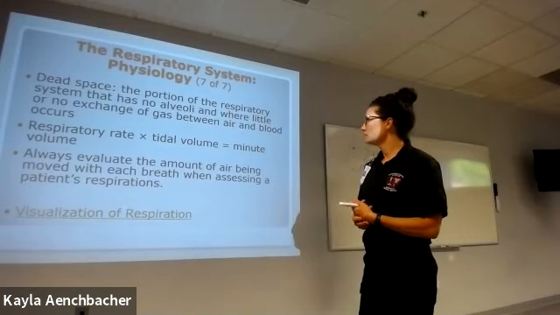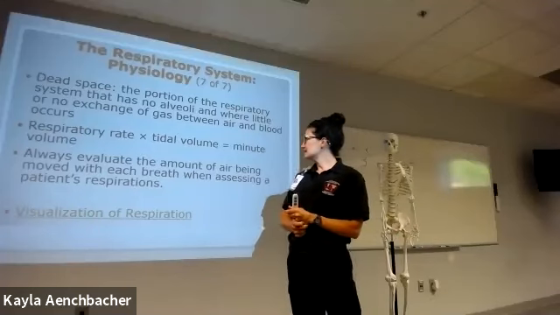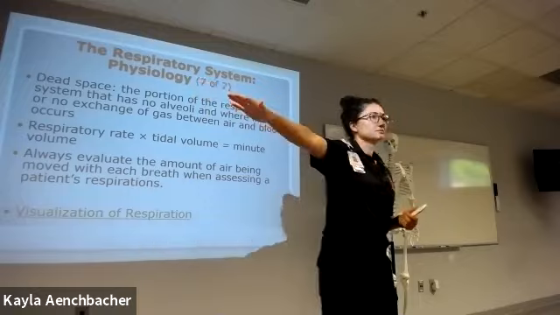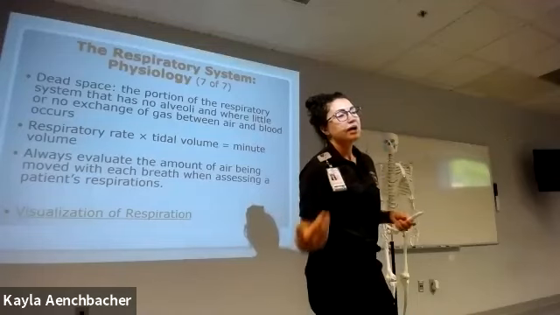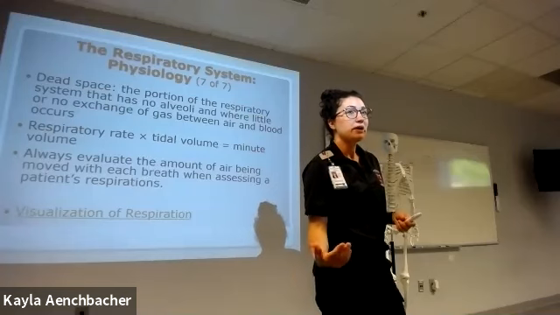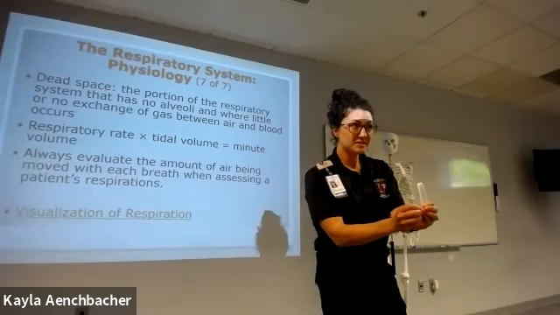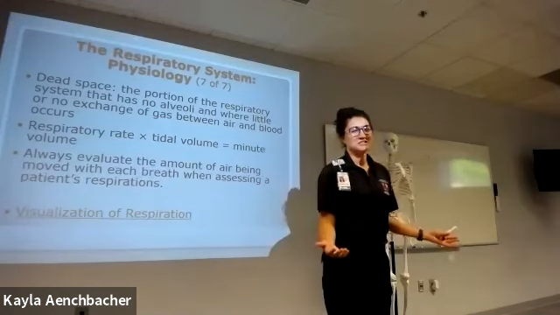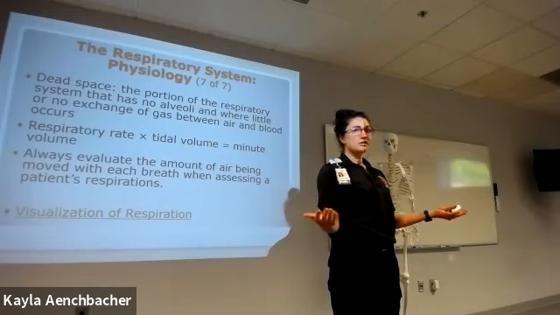Okay. Your respiratory rate, what is that? How many times you breathe in a minute? This is kind of confusing because what are we actually counting? Your ventilations, right? It's weird. We don't call it a ventilatory rate.